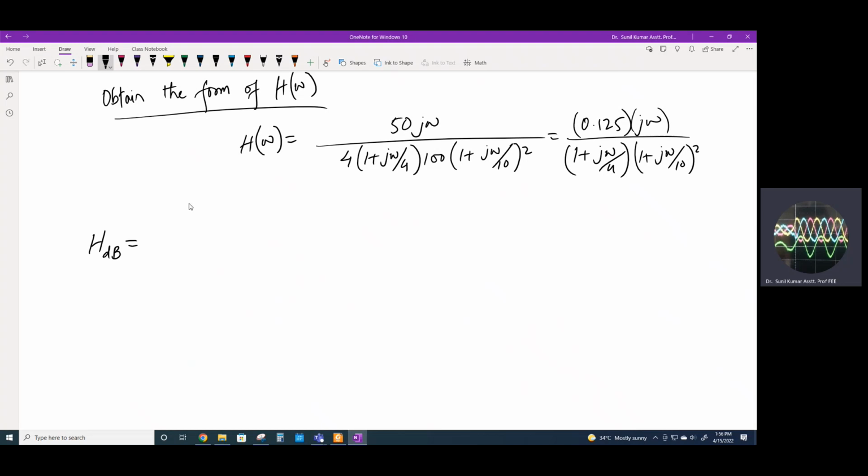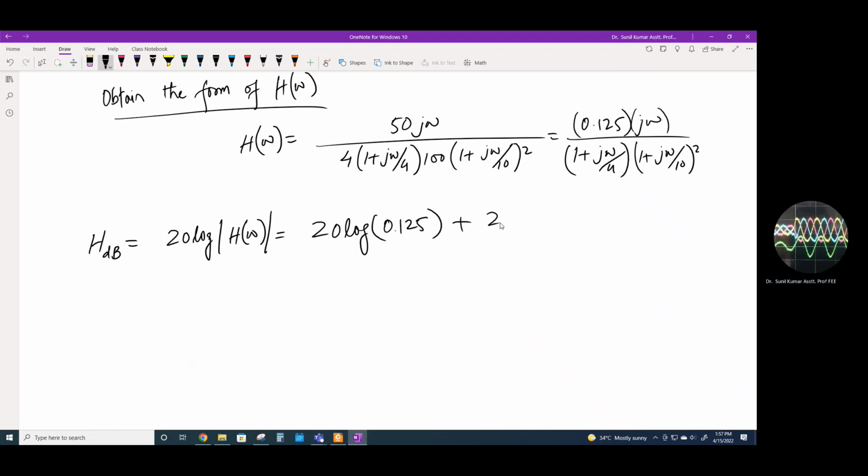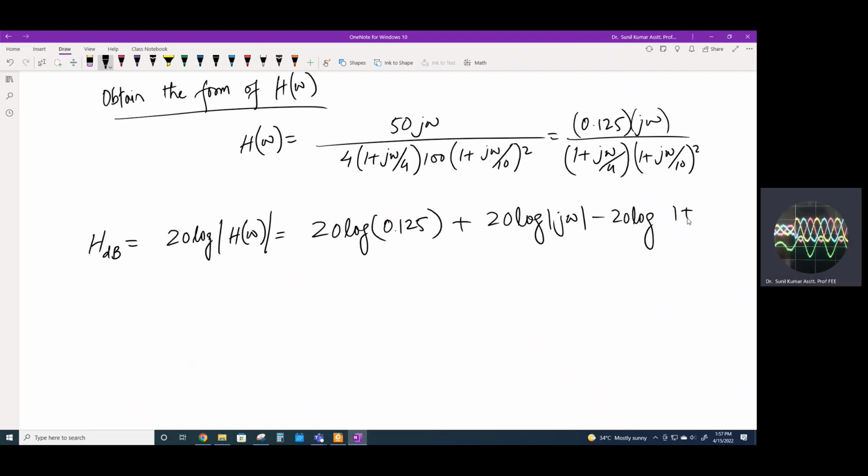So first, find out the H dB equation, which is 20 log of the magnitude of H omega. This is 20 log of k, which is 0.125, plus 20 log of j omega minus 20 log of the pole terms.